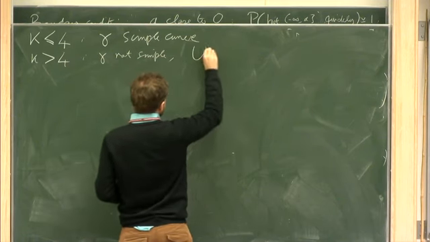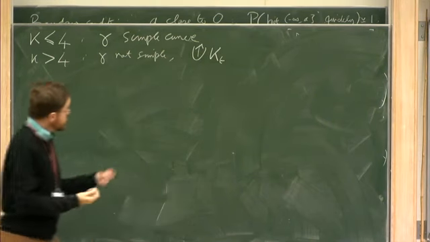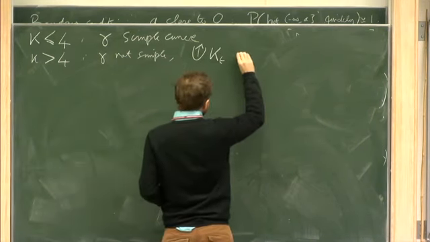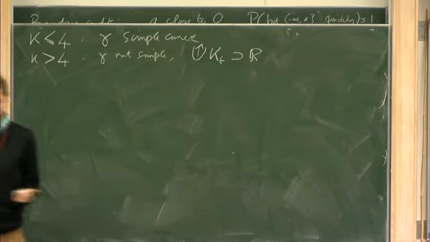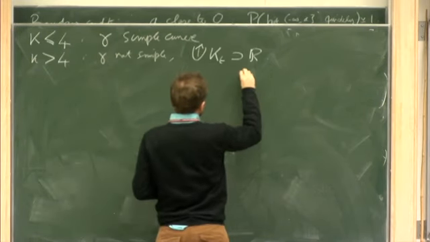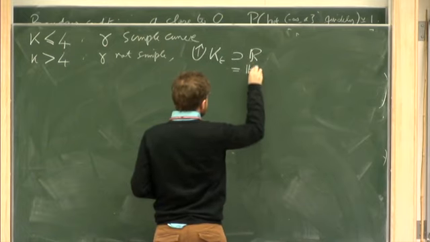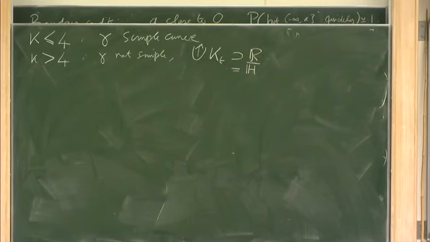And if you take the union of the K_t's, the increasing union as t goes to infinity, this contains the real axis. And that was what came out of the story of Bessel processes. And in fact, this whole union is exactly H bar, and that's not much more difficult to prove, that you will hit any point in the upper half plane if you hit every point on the real line.